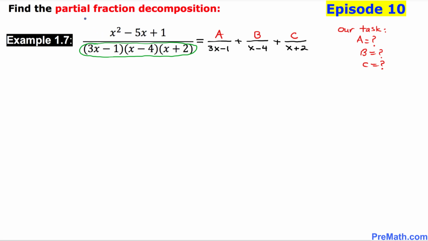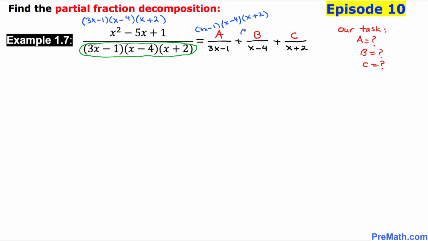Let's go ahead and multiply that. I'm going to multiply 3x minus 1 times x minus 4 times x plus 2 on this left hand side. I am going to do the same thing over here: 3x minus 1 times x minus 4 times x plus 2, I multiply with the first fraction.